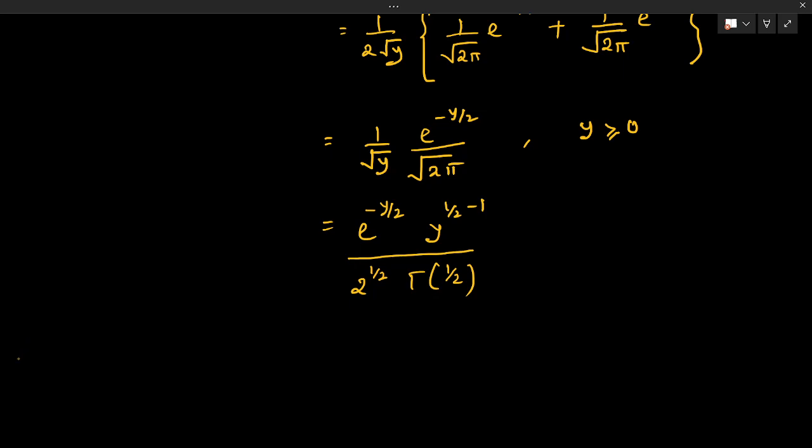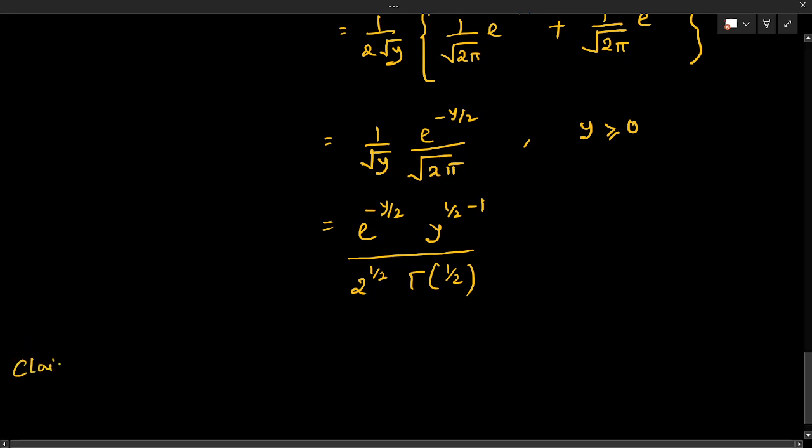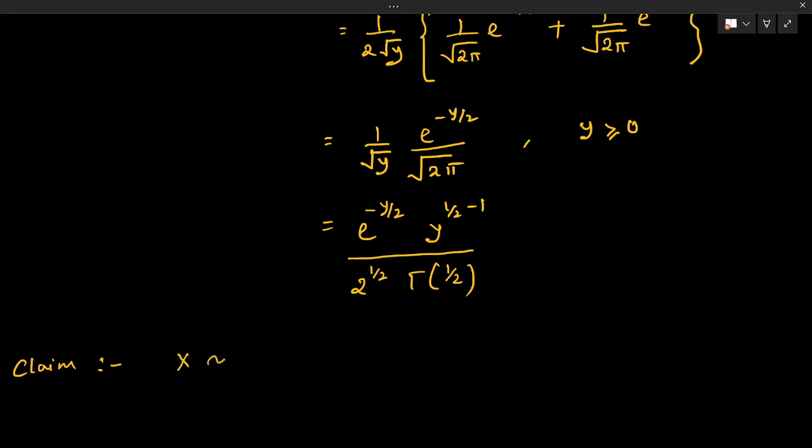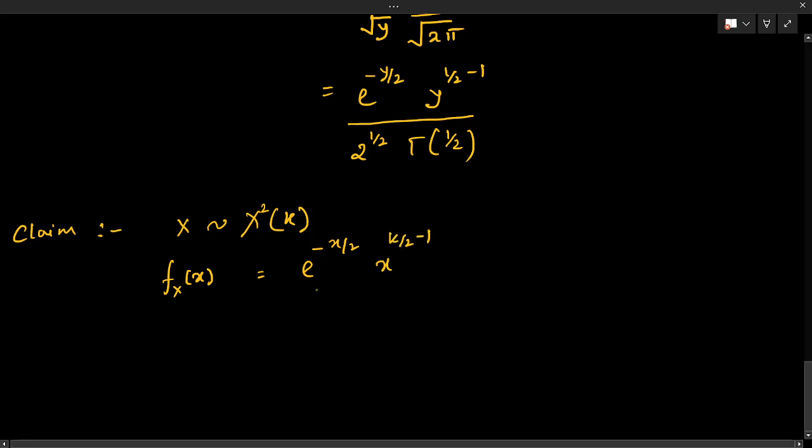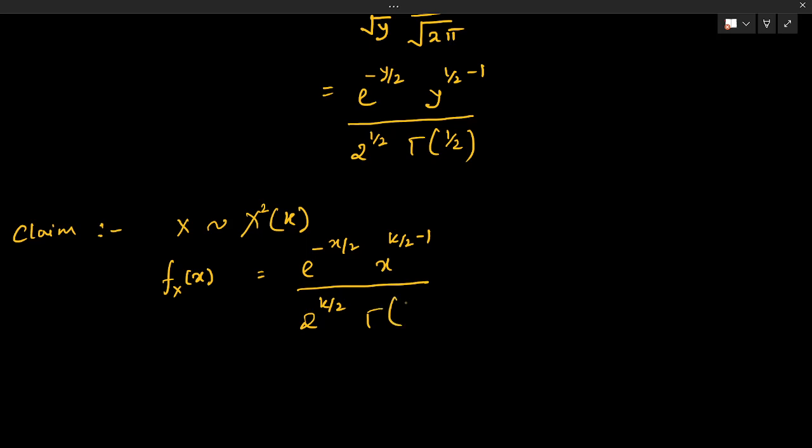Now I am making a claim. The claim is, if I have a random variable X which follows the chi-square distribution with k degrees of freedom, then the density of X is nothing but e to the power minus x by 2 times x to the power k by 2 minus 1, divided by 2 to the power k by 2 into gamma k by 2.